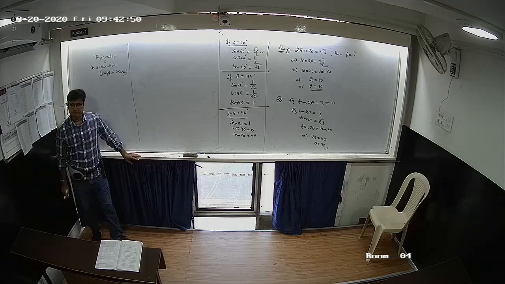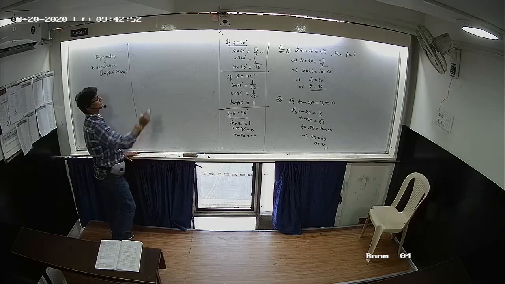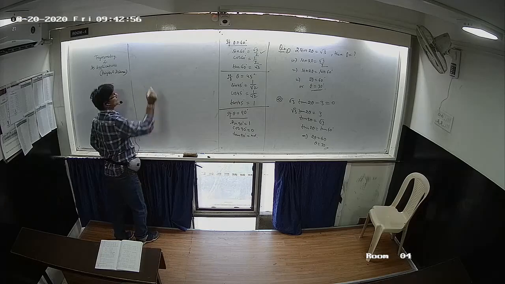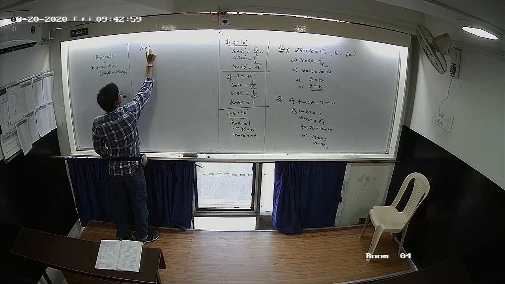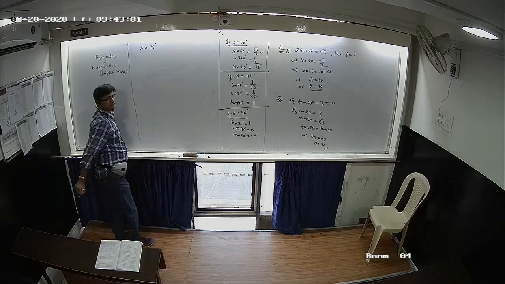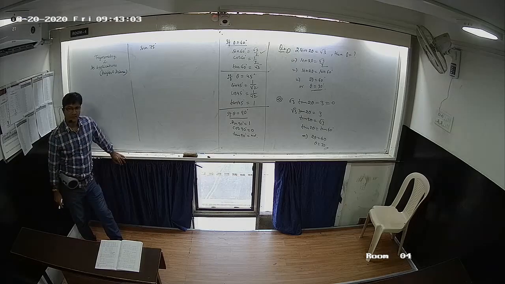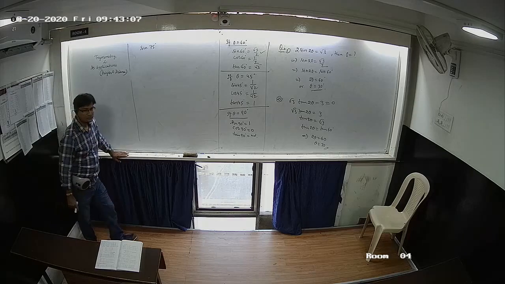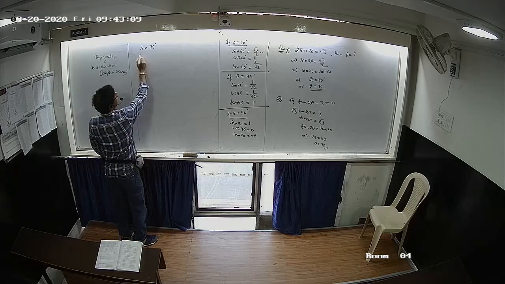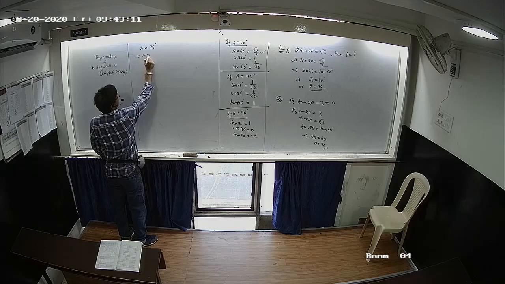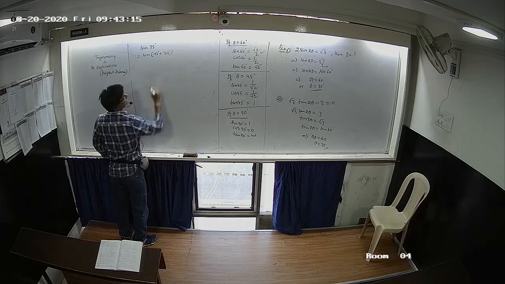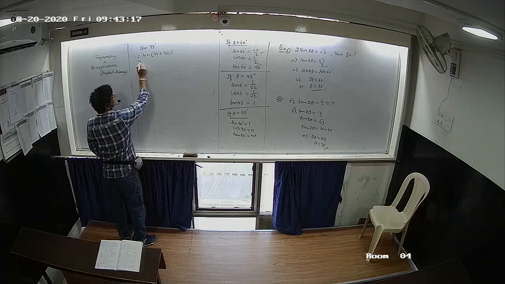Let's find out the value of sin 75 degree. How can you get it? You remember we have done it. It is equal to sin of 45 degree plus 30 degree. And we know the formula.